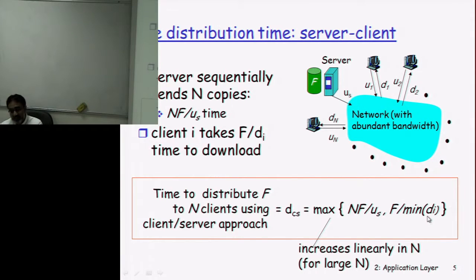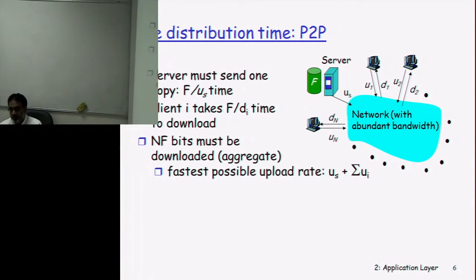And the slowest peer with the least bandwidth will take more time to download its copy. So overall, the delay increases in client-server architecture. It increases linearly in N, for a large number of peers connecting to the network.